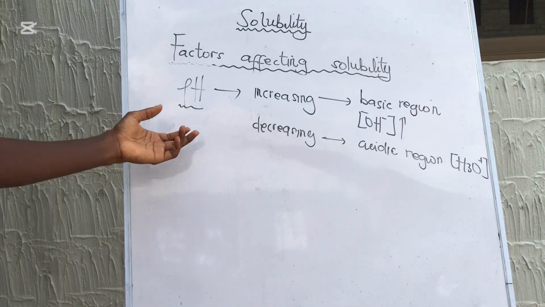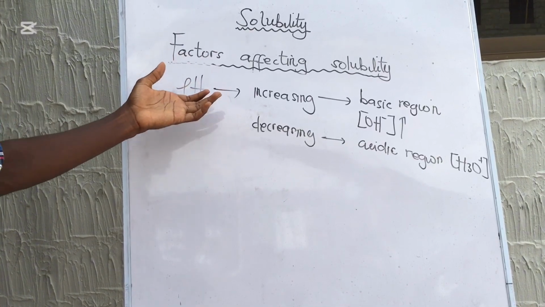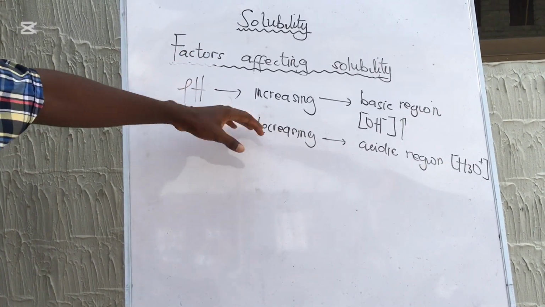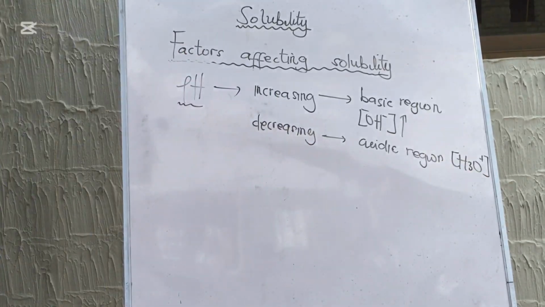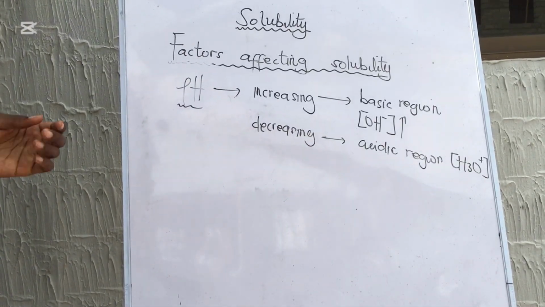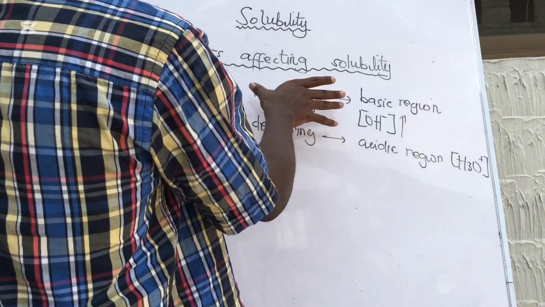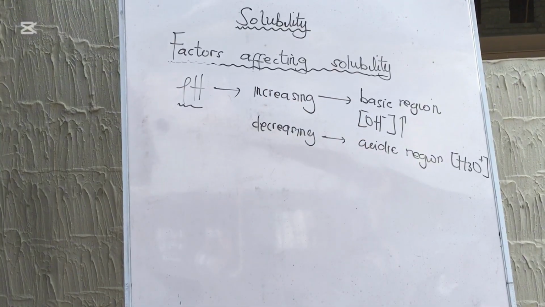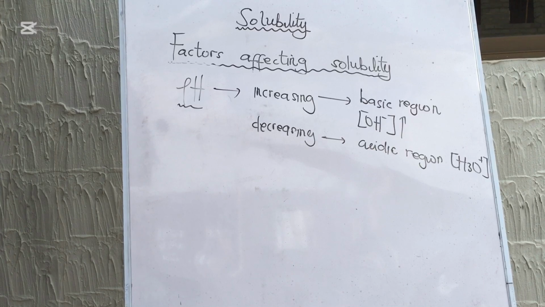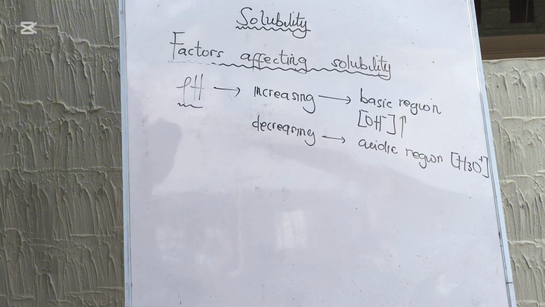So if you have a solution and you add acid to it, automatically you are increasing the acidity, or the content of the H3O plus or H plus. And if you add a base to a solution, you are increasing the OH minus, and also approaching the basic region. So now let's look at the effects of adding acid to a solution.